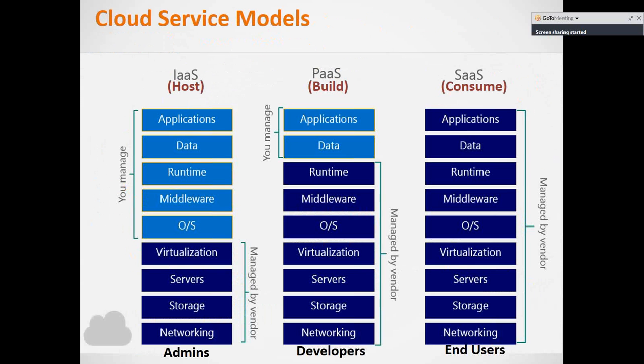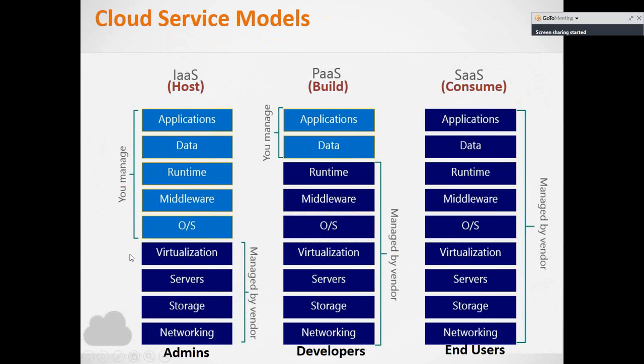In this, the vendor or the service provider will give us the basic machine that is needed. They will give us a machine which will contain the networking, the storage, or whatever machine we need.